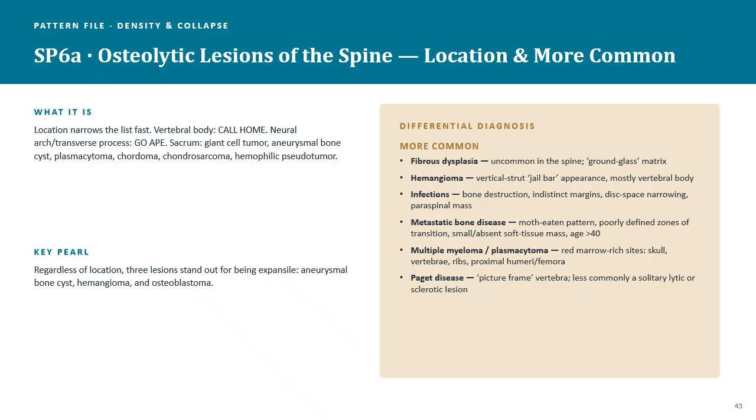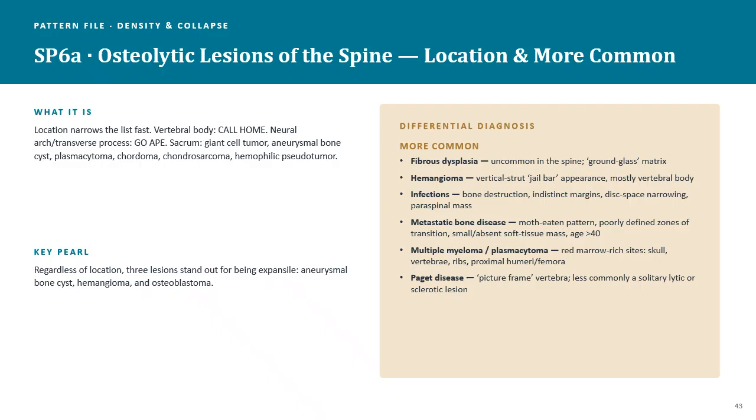One is hemangioma, which is usually a benign collection of abnormal blood vessels in the bone. If we're seeing this, it can produce what we call a gel bar appearance. Infection also tends to cause poorly defined bone destruction, and it may cause disc space narrowing or some sort of soft tissue mass.